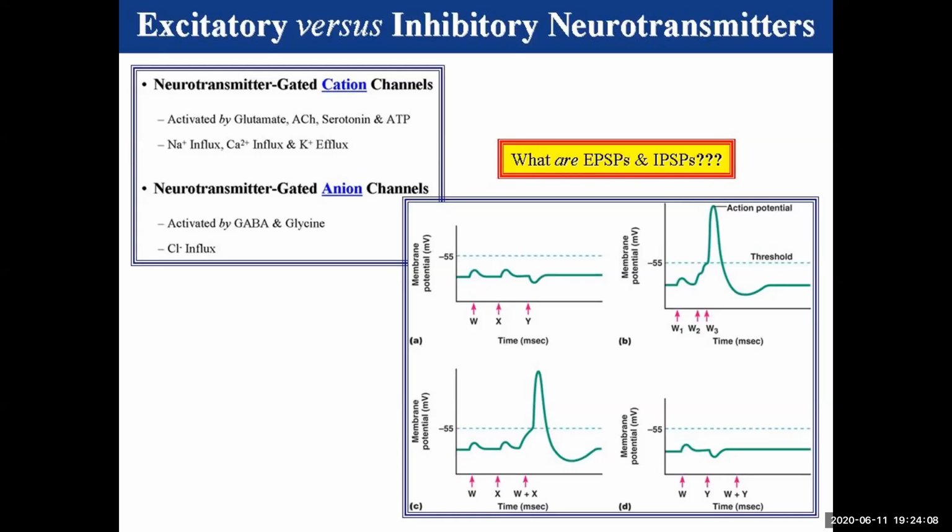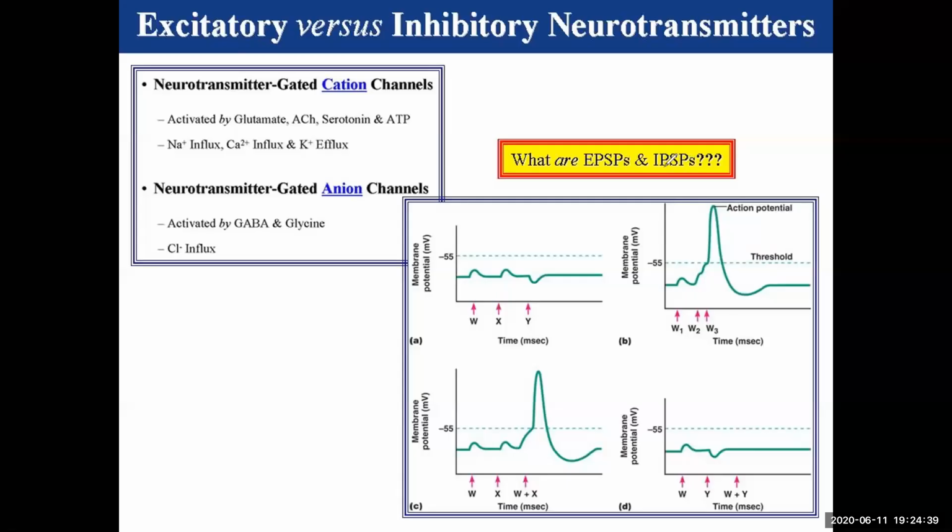And in this case, when we talk about postsynaptic potentials, either EPSPs or IPSPs, EPSP stands for excitatory postsynaptic potential. IPSPs, inhibitory postsynaptic potentials. The little s here is for the plural. So one EPSP, two or more EPSPs, one IPSP, two or more IPSPs.